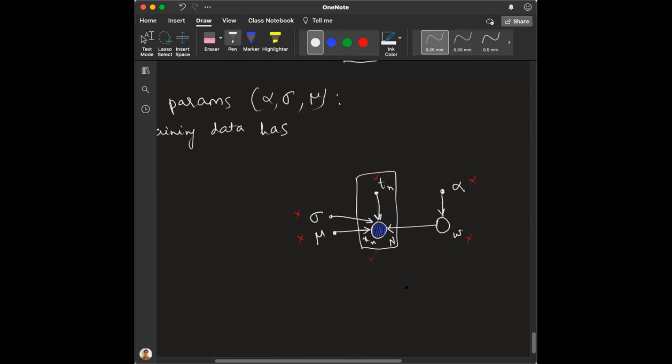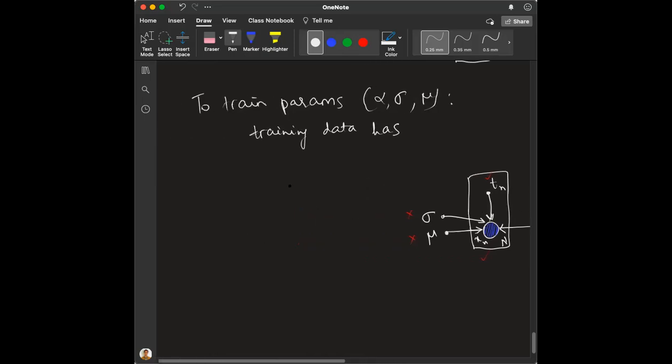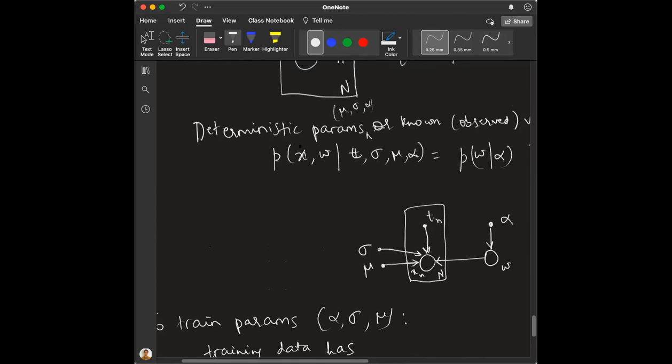So XN is a kind of label. In this example, XN is the label, TN is the input image, because ultimately you want to estimate the probability of the label given the input image and the model parameters.